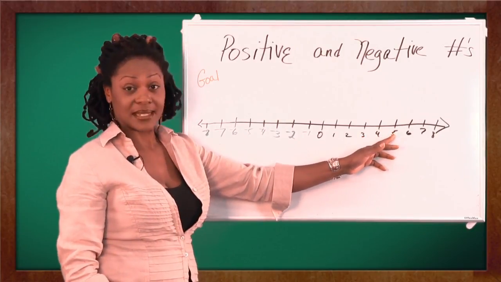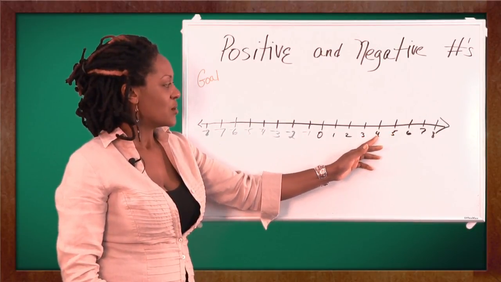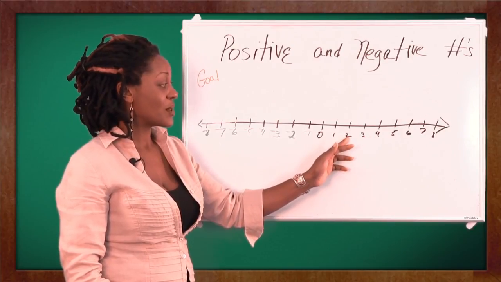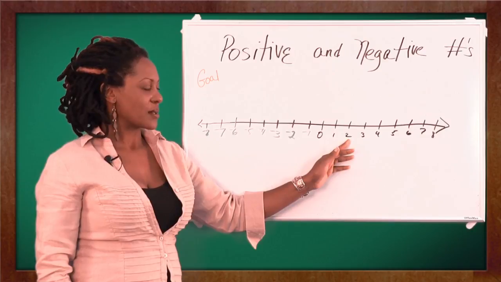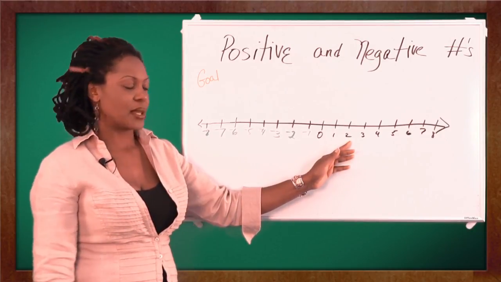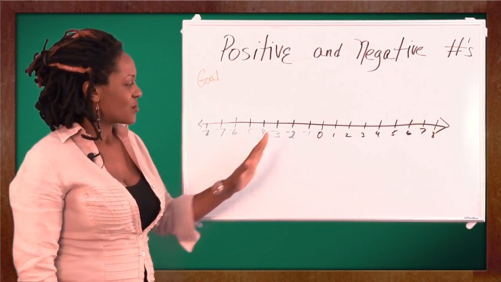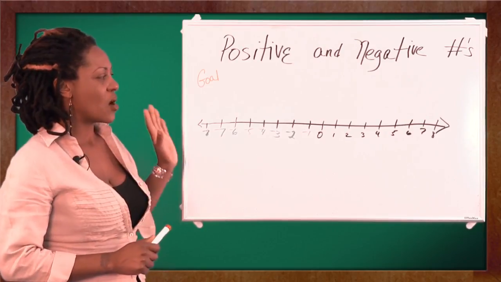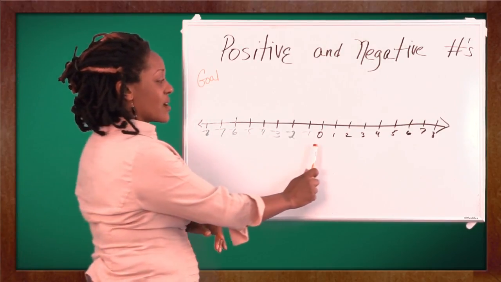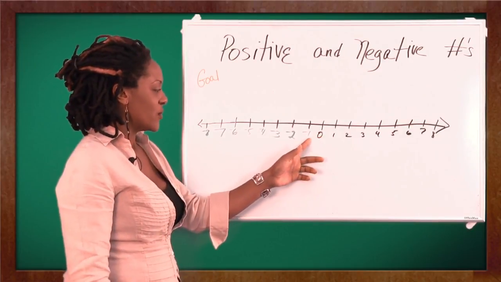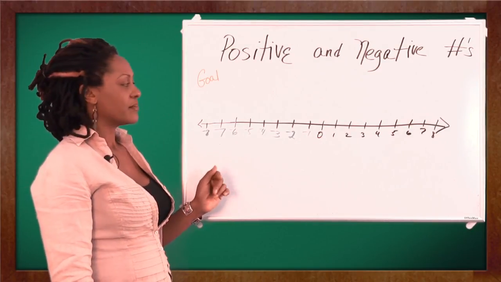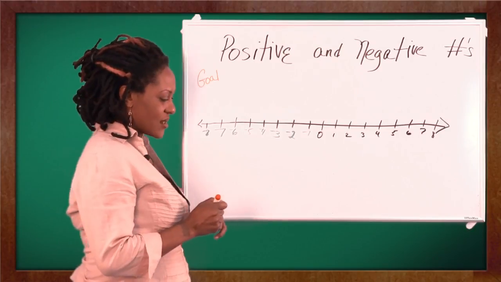So now instead of you owing me $5, you gave me 1, 2, and 3, now you only owe me 2. So you get to visually see how that works when you have a number line. So again, let's really understand what's happening on the number line. Moving to the right, we have positive values adding to the number. Moving to the left, we're subtracting.